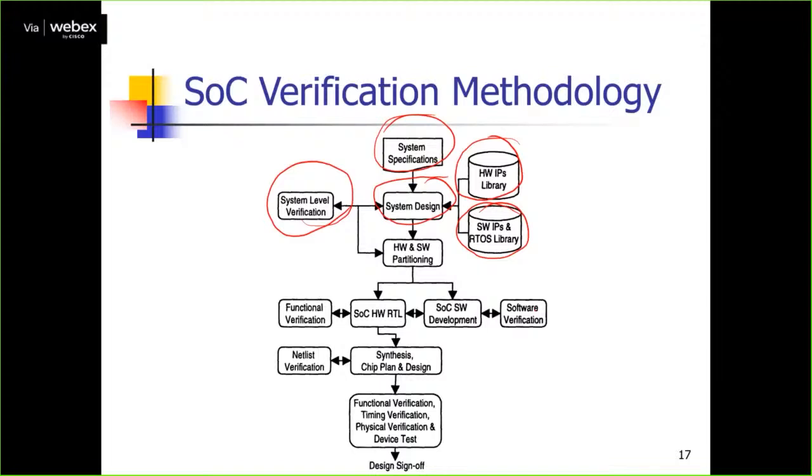How well you verify it, how many test vectors you generate, how much data will be presented to it, will be considered here, and that makes us separate into hardware and software. The hardware normally goes with an RTL. The software normally goes with software development and its verification.